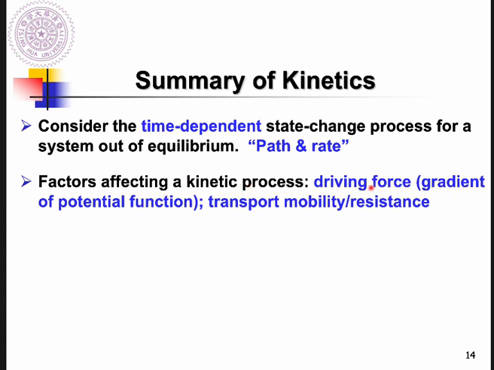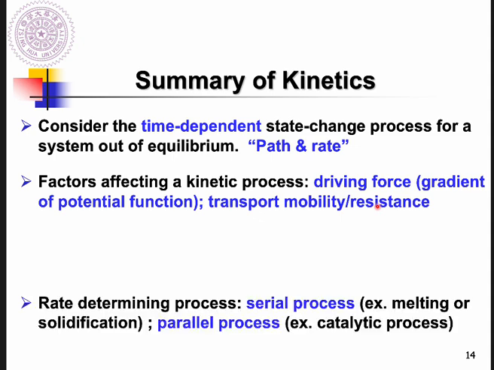The first one is the driving force. The driving force here can be the temperature gradient, electrical potential gradient, or chemical potential gradient. And the other we call the inertia of a system, or transport mobility, or resistance of the system.